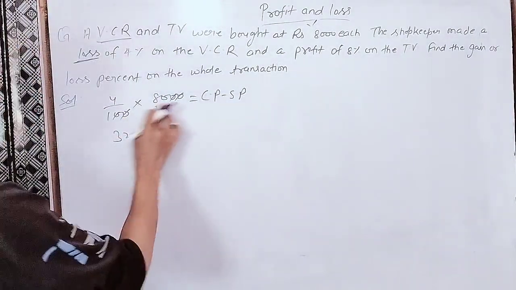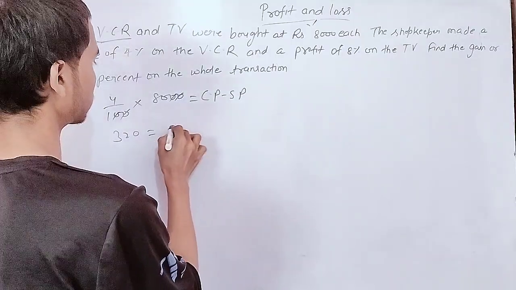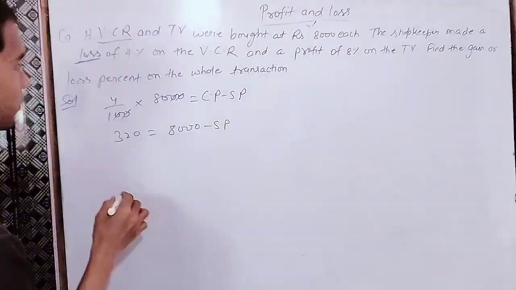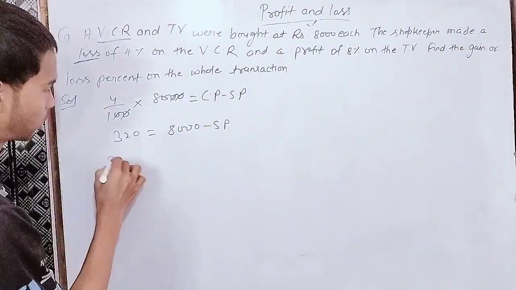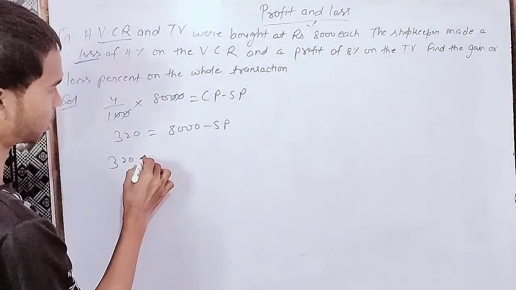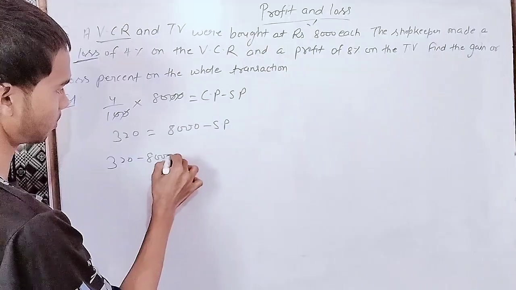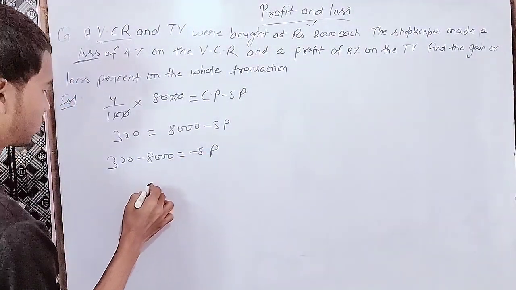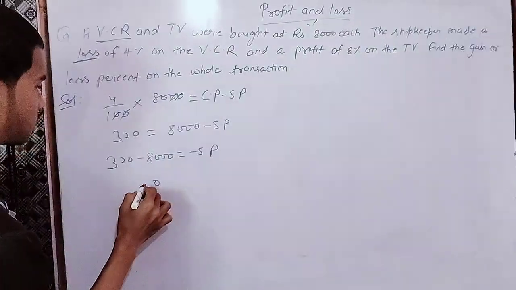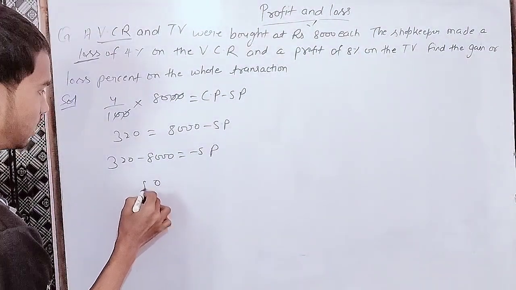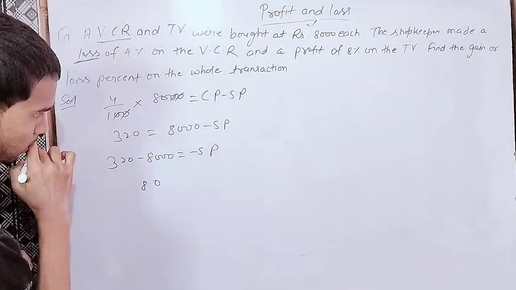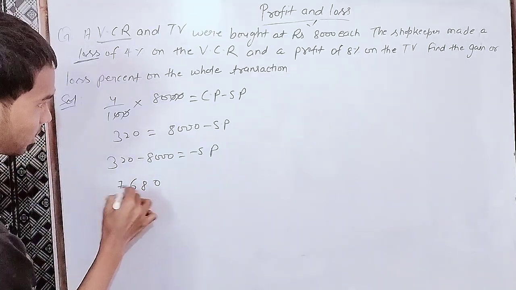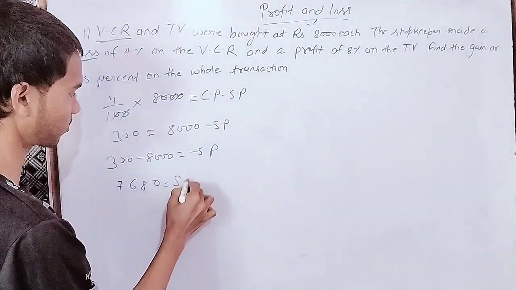We have cost price. For that, this is how much? 0, yeah, 0, 8, okay, 6, okay, 7, okay.